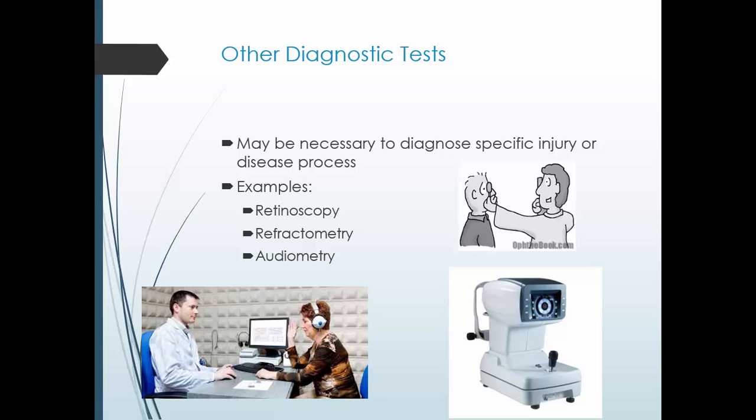Refractometry is to diagnose refractory errors in the eye that require corrective lenses, which is that bottom right one. The top right one is your retinoscopy. Audiometry is to evaluate the extent of hearing impairment, and that's an example of that on the bottom left.